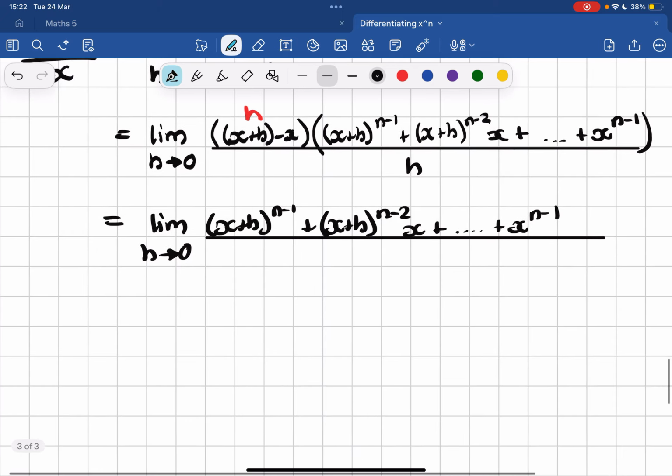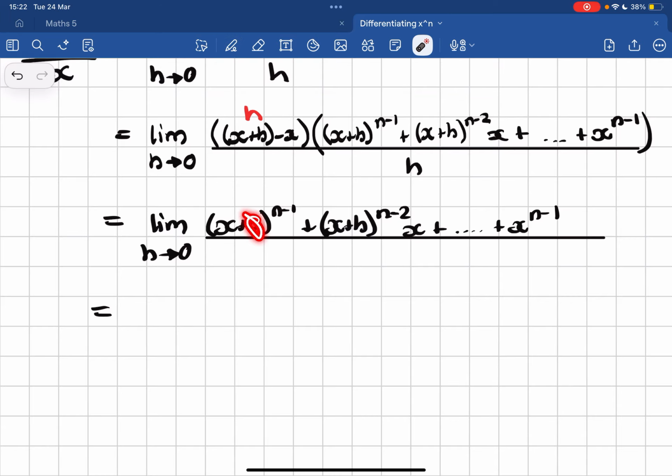What next? Now we should take limits. So when each h goes towards 0, this h here becomes non-existent, and so on and so forth.